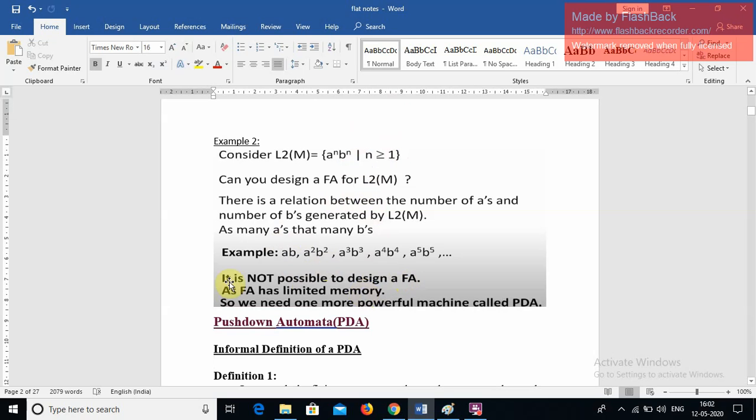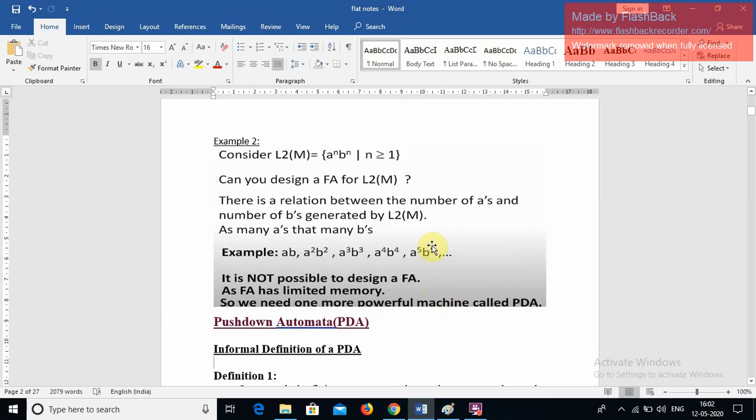Why? Because an FA has limited memory. In this language, for constructing b's, we have to remember how many a's were already constructed. That means it requires memory. We have to remember, and that can be kept in a storage area. So we need a machine more powerful than an FA, that is nothing but a PDA.